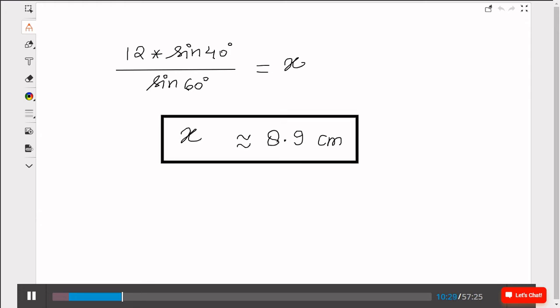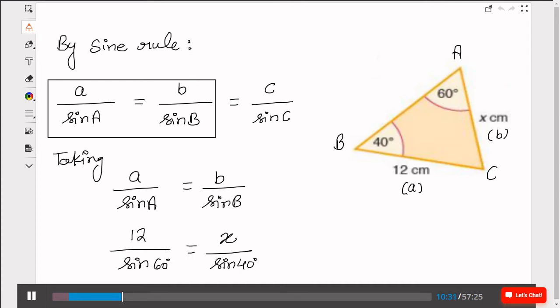No. Alright, so that's the sine rule. Would you like to try one question of this kind? Sure.